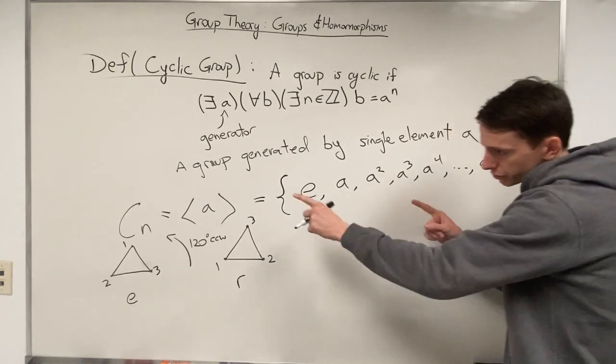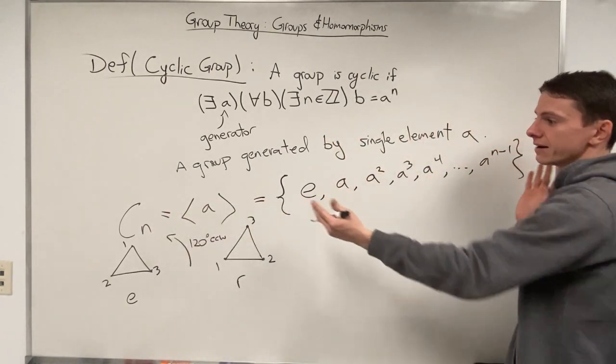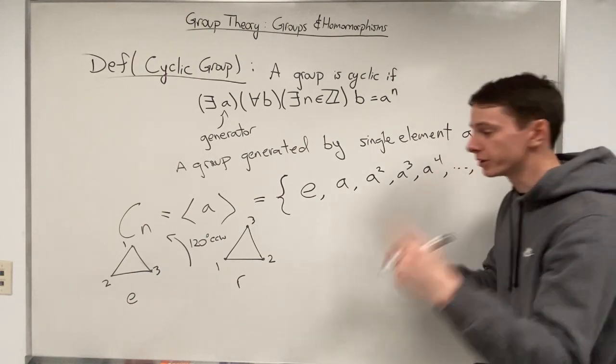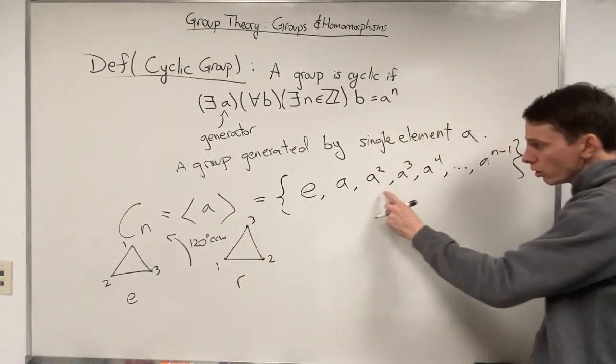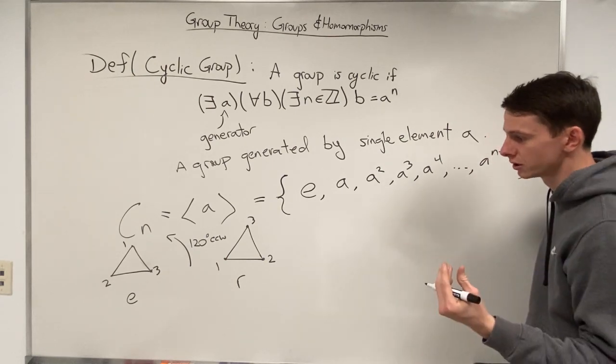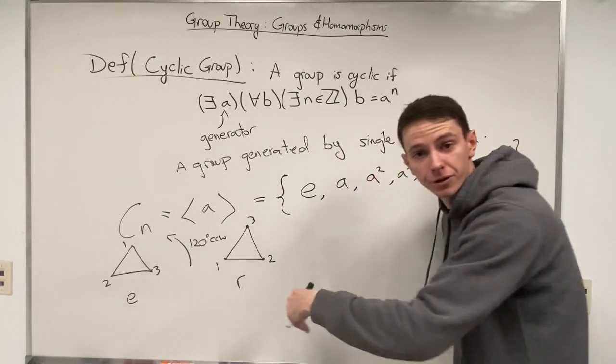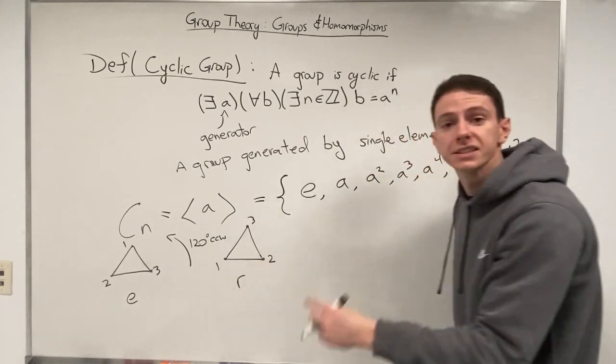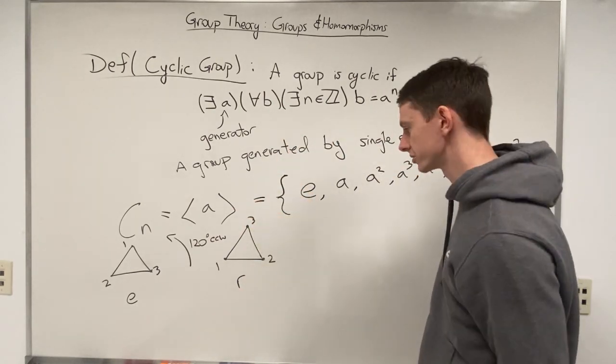But of course, now with what it means to have a cyclic group being generated by just one element, all of these further elements right here are just going to be powers of the generator. The generator, in this case, is this rotation by 120 degrees.